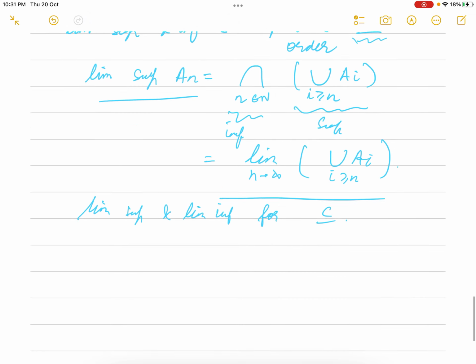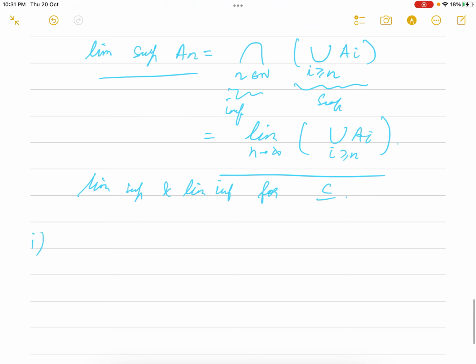There are some lemmas related to lim inf and lim sup, such as for a bounded sequence a_n, lim sup of a_n is greater than or equal to lim inf of a_n.